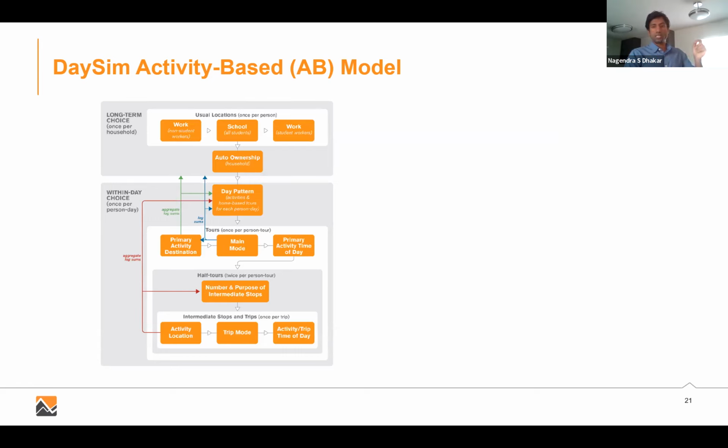One is the long-term choices, which are mostly at the household level, where you have the work location choice, where you determine where every worker works in the modeling region. Then the same for school location choice, and auto ownership, which is how many vehicles are owned by every household. Once the long-term choices are run, you have the short-term choices, which are more at the individual day level.